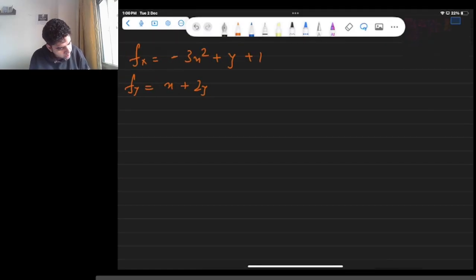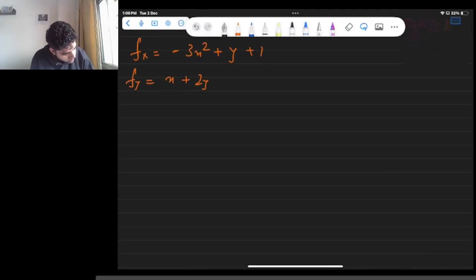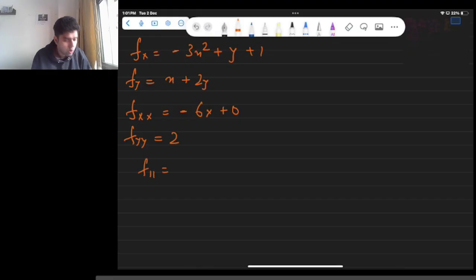So now I'll be finding my second order partial derivatives, which is fxx, which is minus 6x plus 0, and fyy is 2, right? So my second order partial derivative f11 or fxx is equal to minus 6x, and f22 is equal to 2.